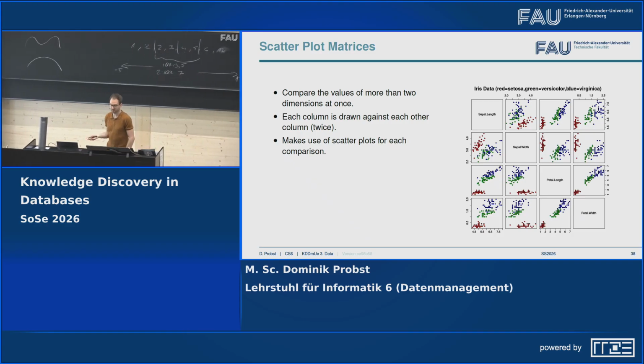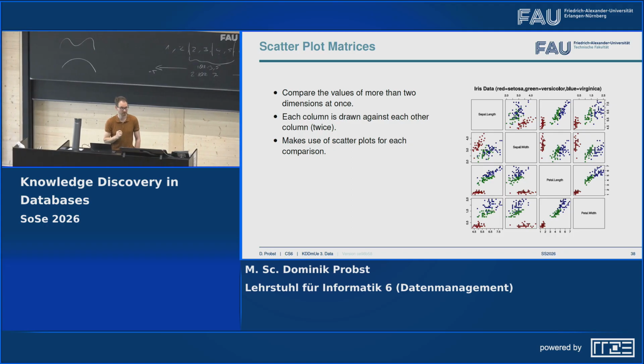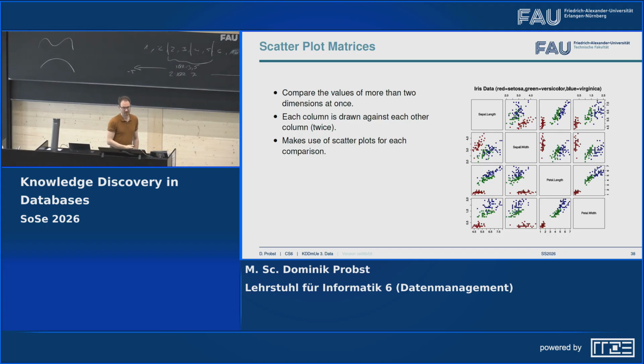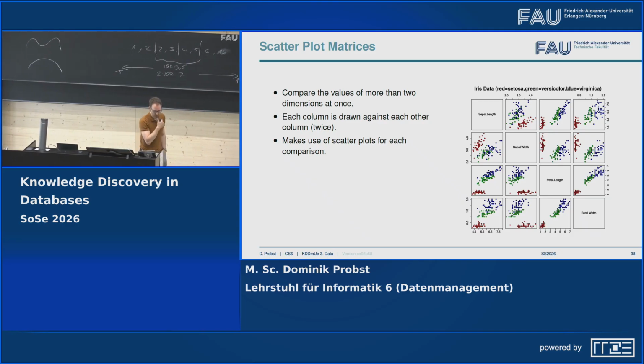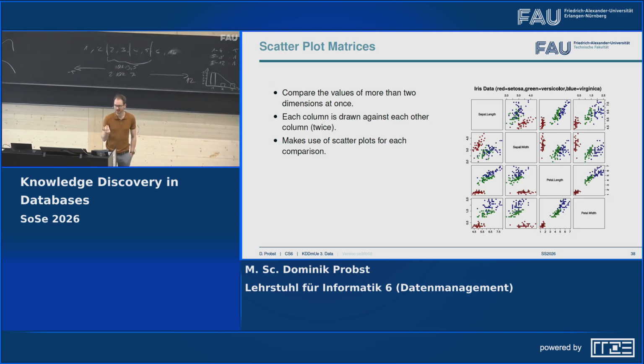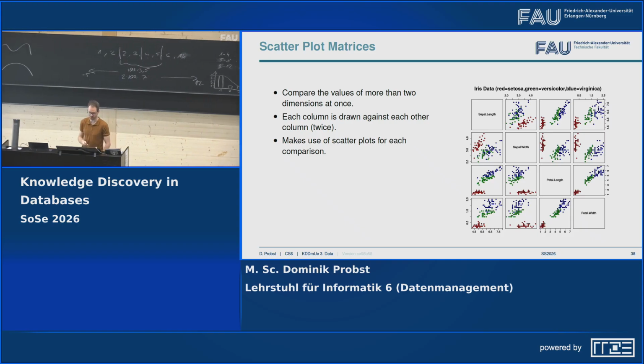But if you do that automatically, it's not a big problem. Scatterplot matrices are pretty good if you want to gain some insights about the distributions in a whole multi-dimensional data set, where you would draw a scatterplot for each comparison. You can simply use a scatterplot matrix.